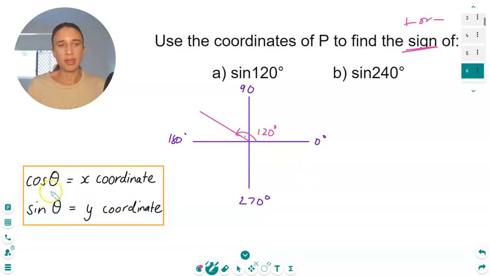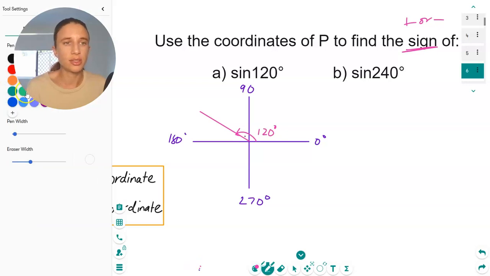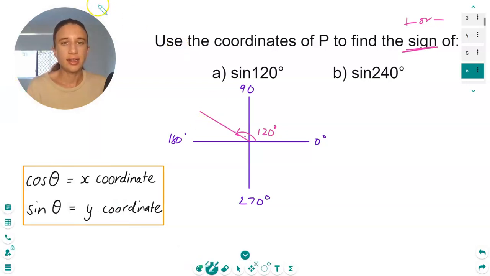Now, this is something I haven't mentioned before. I want you to lock in your mind that the x coordinate is cos theta and the y coordinate is sine theta. Now, looking on the Cartesian plane, can you see that all of our x values here, let's do this in green, in this quadrant 2, where the angle lies, all of our x values are negative, right?